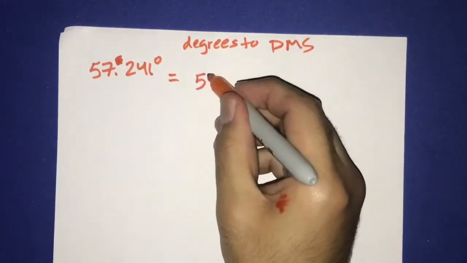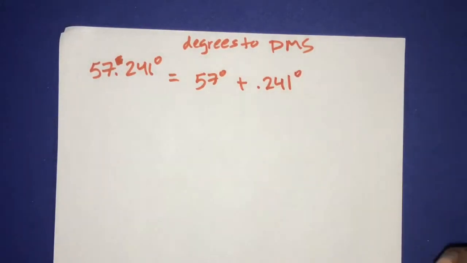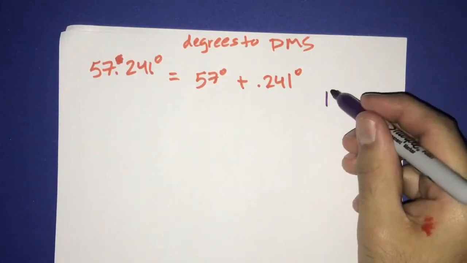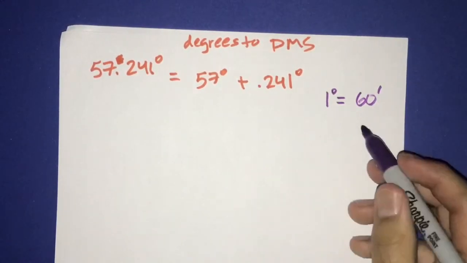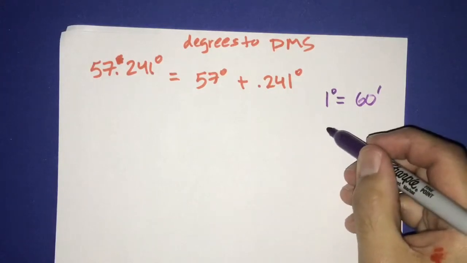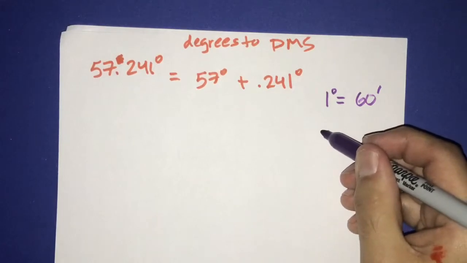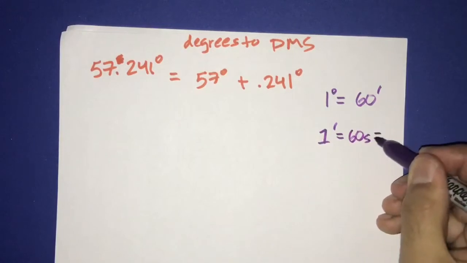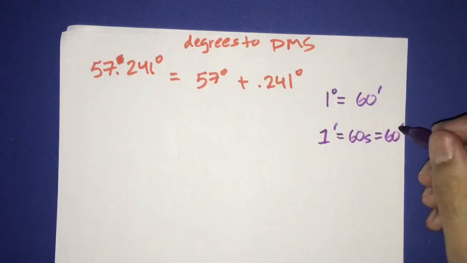So this is going to equal 57 degrees plus 0.241 degrees. And let's rewrite the conversions we're going to need. We have 1 degree equals 60 minutes. Okay. So we're going to use that conversion, and we're also going to use the conversion that 1 minute equals 60 seconds.